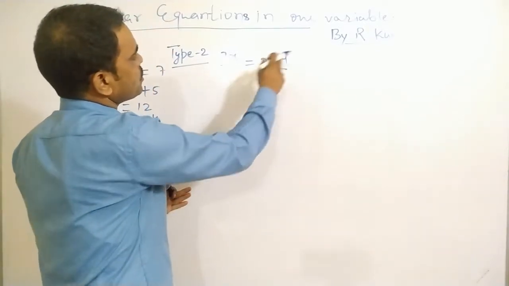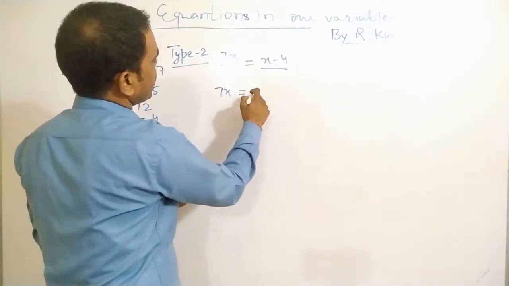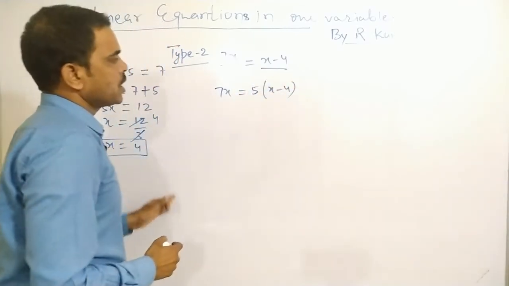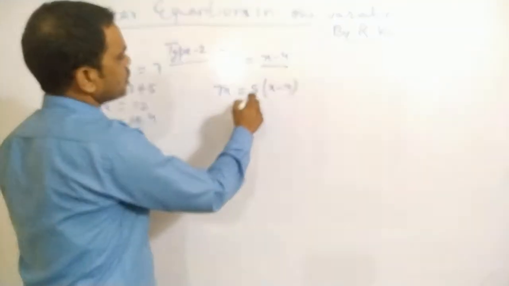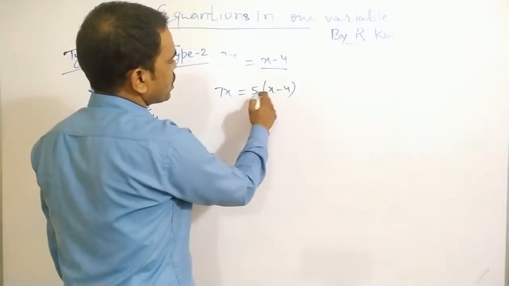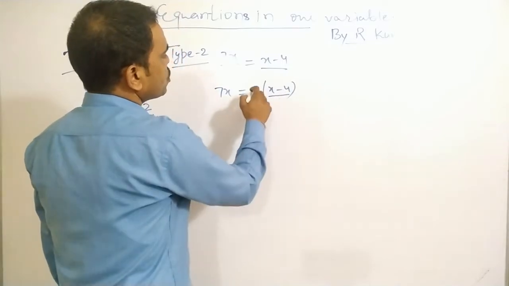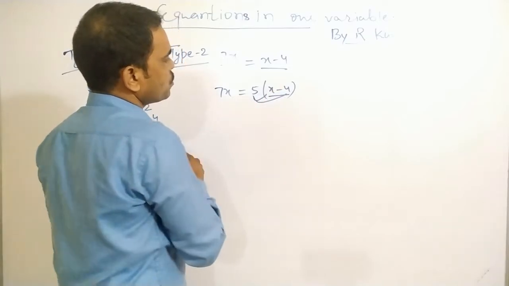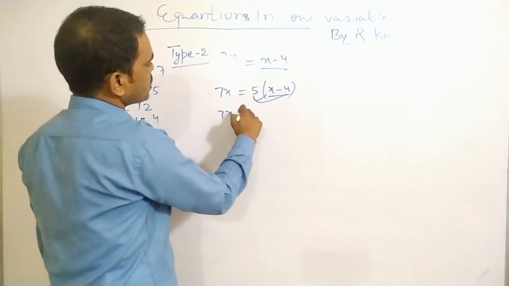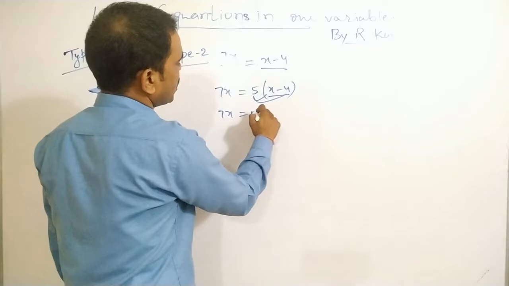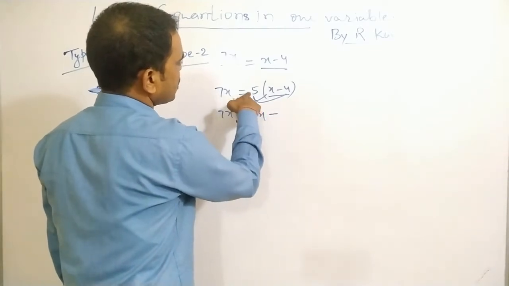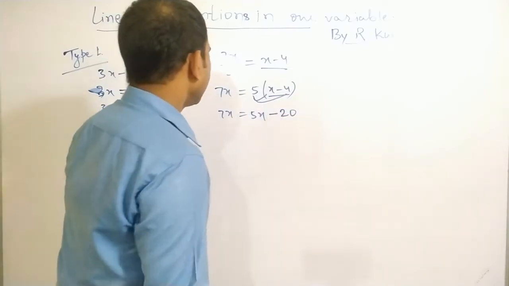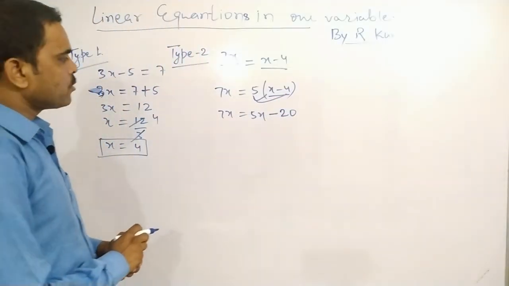This 5 is shifted to the other side, and when I shift this 5 it will come in product with x minus 4. In the product, the 5 outside will multiply with the first x and then also with minus 4. So 7x will be equal to 5 into x, which is 5x, and plus and minus will be minus, and 5 4s are 20. Now we are getting a simplified form.